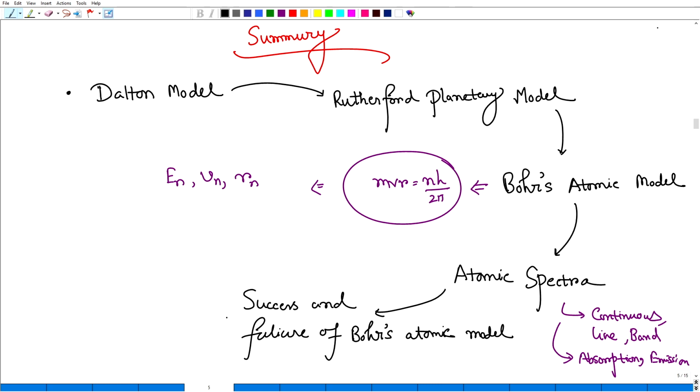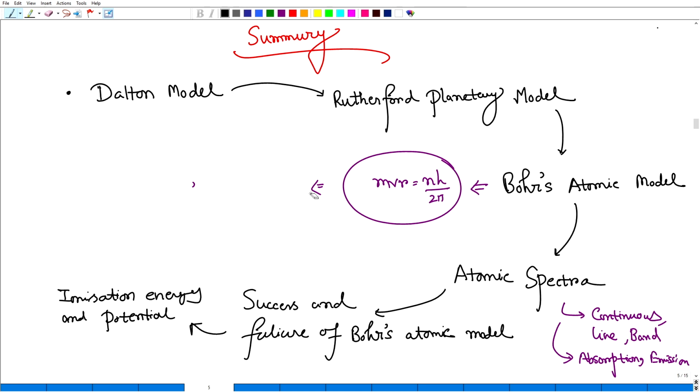After that, we also discussed the ionization energy and potential. What does it mean, ionization energy and potential?